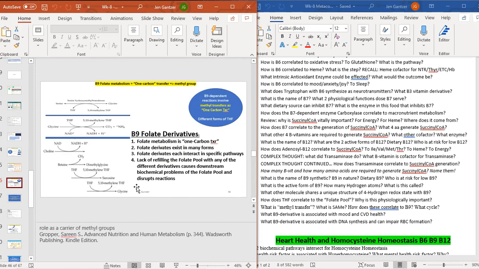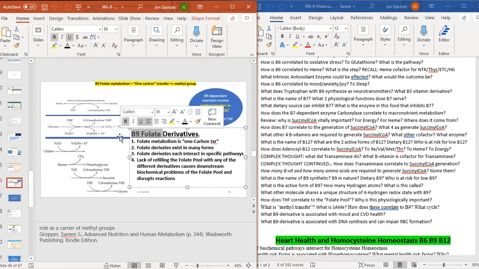You do not have to memorize all of that. You need to understand that the folate pool is the bioavailability of all of these. Each one, we call this a folate derivative, keyword, folate derivative, is what we are supplying in all of the different active forms of tetrahydrofolate, and each one has a unique biochemical pathway that it supplies as a cofactor or coenzyme.